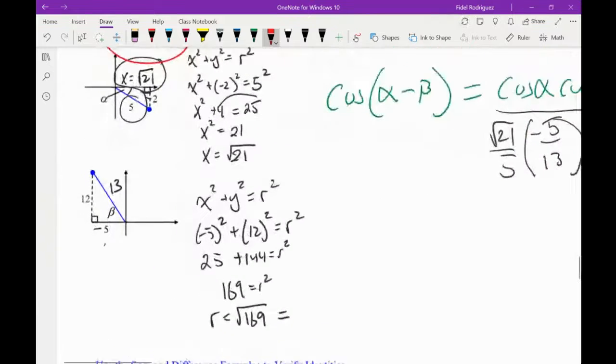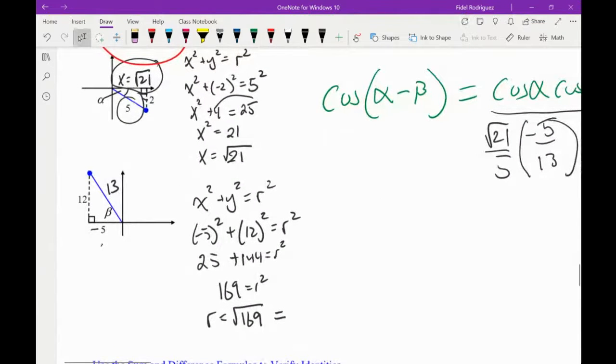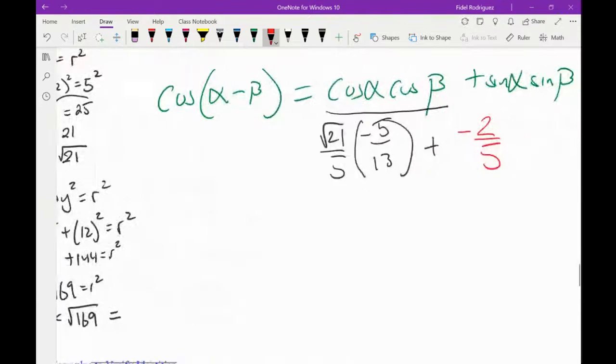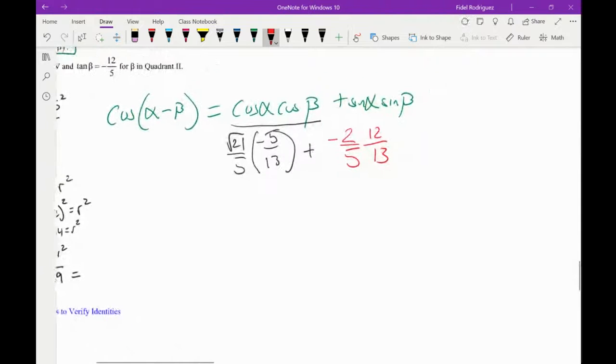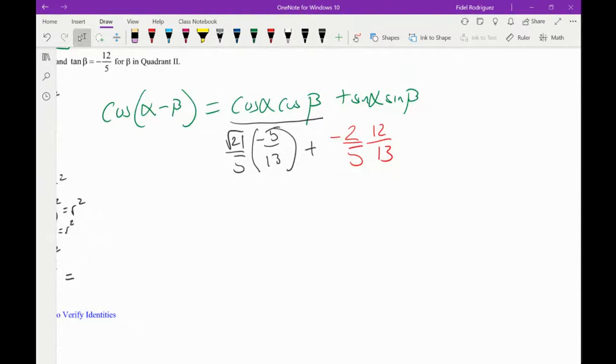What's the opposite right here in this bottom picture? Opposite of this angle. 12 over, there you go. Okay, so now that we have that, yeah, we're multiplying, right? We're multiplying.